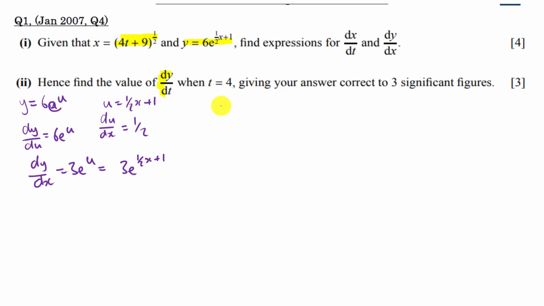And I'm assuming you found dx dt, which if you use the chain rule on this, you should be getting 2 (4t plus 9) to the power minus a half.